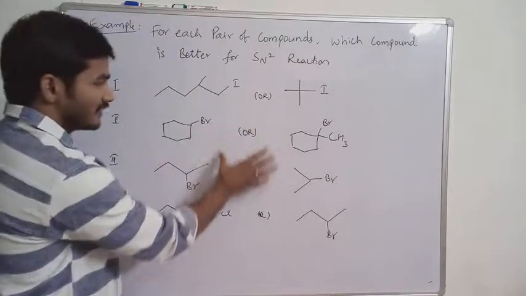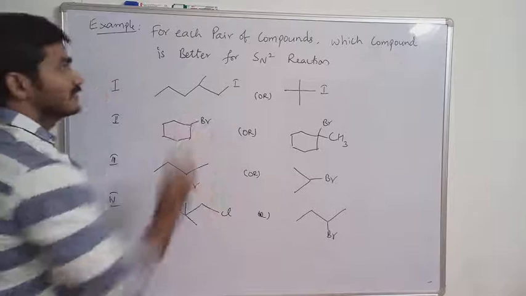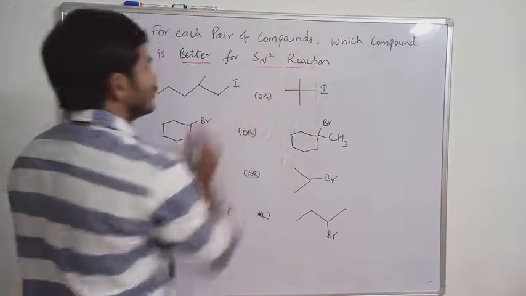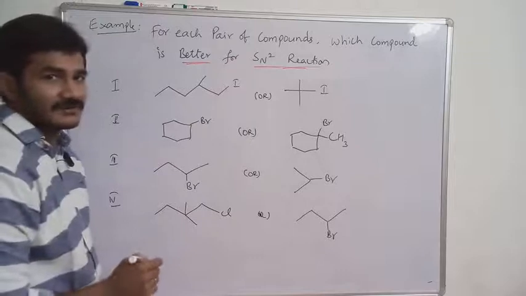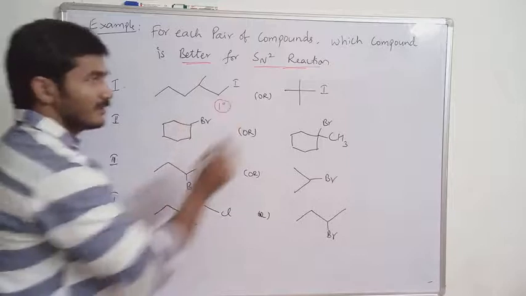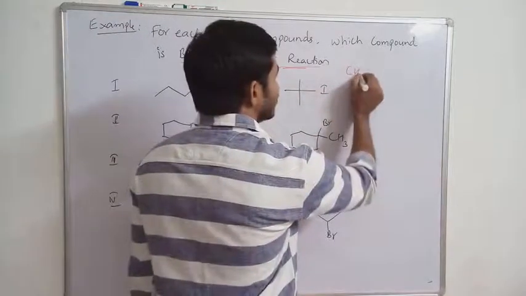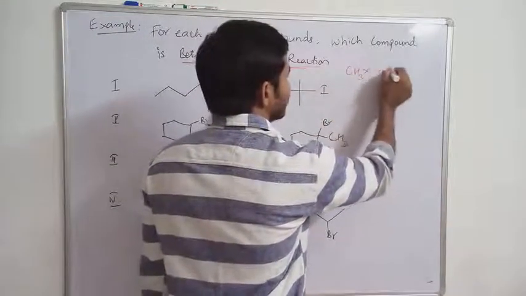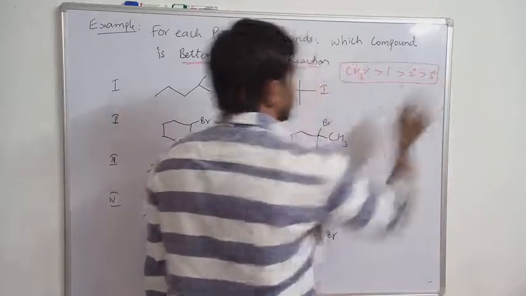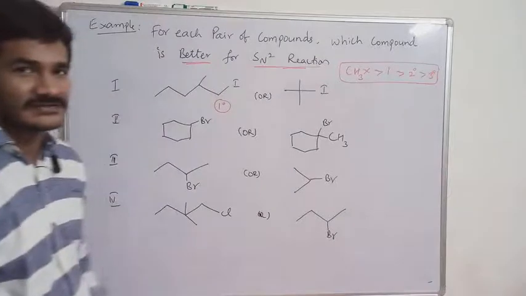For each pair we have to compare. In the first pair, which is the better substrate for the SN2 reaction? This molecule is primary. If you remember the reactivity order, methyl halide is more reactive, then primary, then secondary, then tertiary. This is the order of reactivity of haloalkanes towards the SN2 reaction.